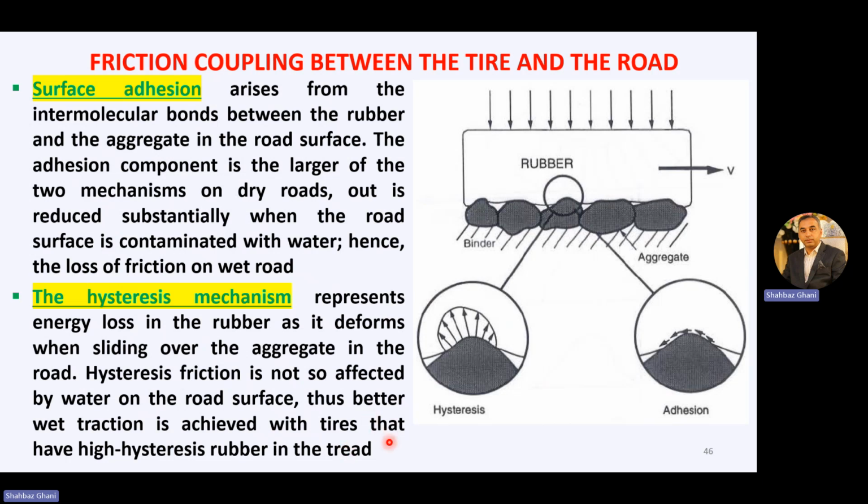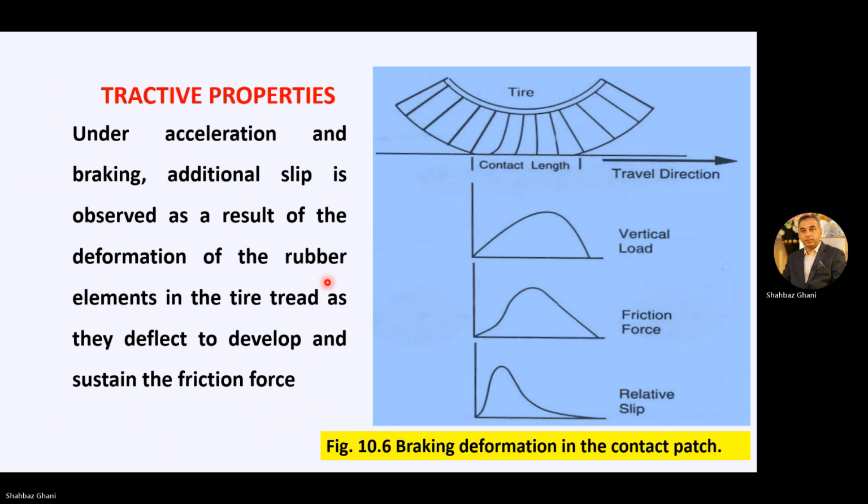So tires with high hysteresis rubber achieve better wet traction as compared to other tires.